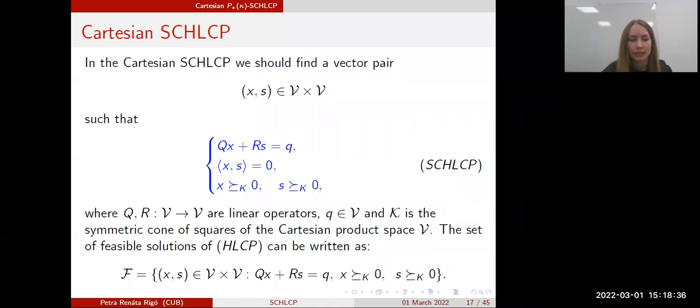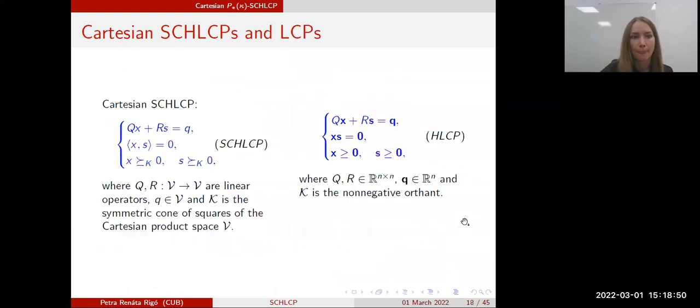And then the set of feasible solutions of this HLCP can be written in this form. So it contains those XS pairs for which the feasibility conditions are satisfied.